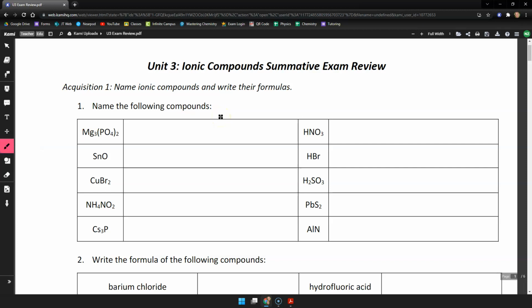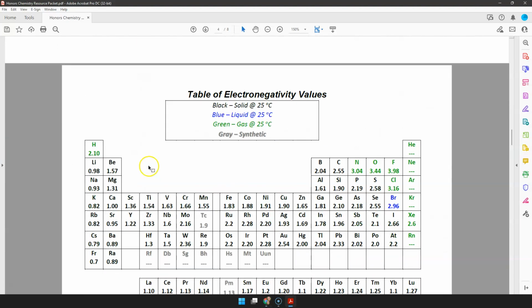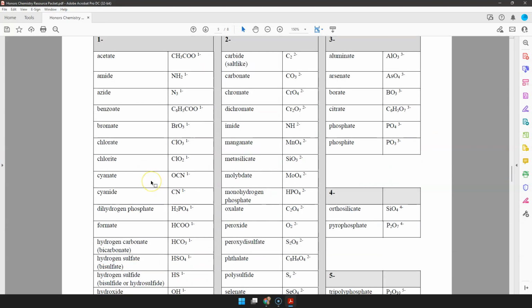So we have magnesium and then we have PO4. Anytime we're doing naming, if it's not an acid, we start with the cations. This is magnesium. And then PO4, we're going to go to our magic table of polyatomics.